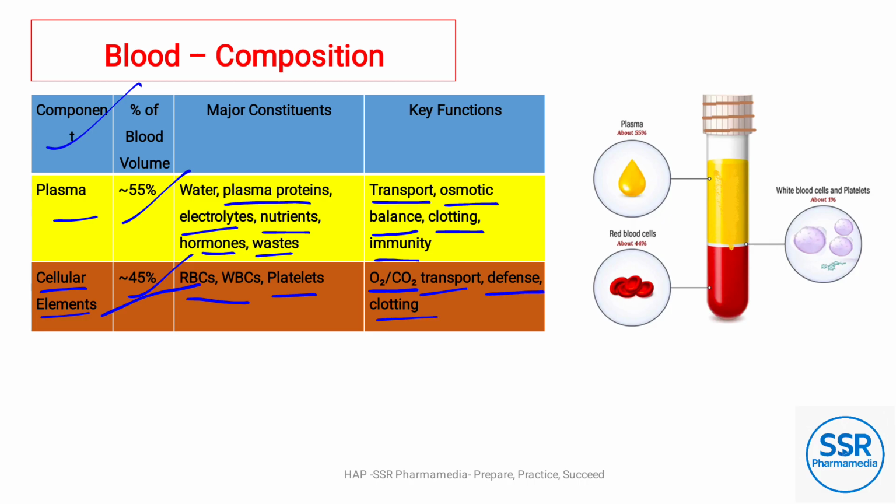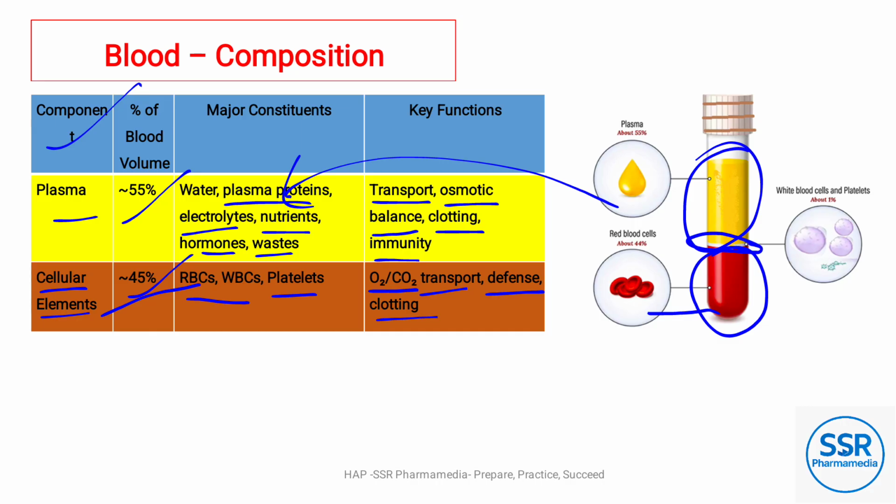Defense means acting against infection, as in immunity, and clotting of the blood. This portion is called plasma, containing water, plasma proteins, electrolytes, nutrients and hormone wastes. This red part contains the cellular elements, and this white part is the white blood cells, WBC.